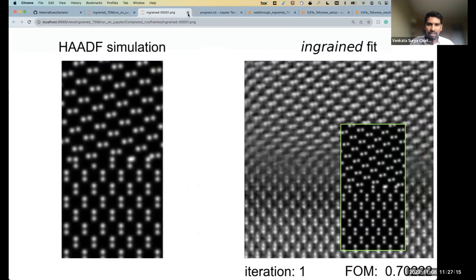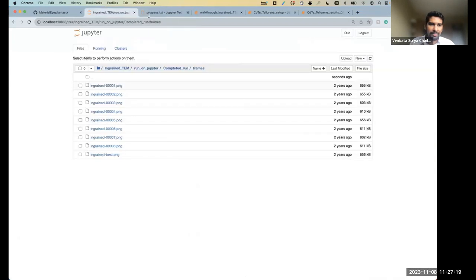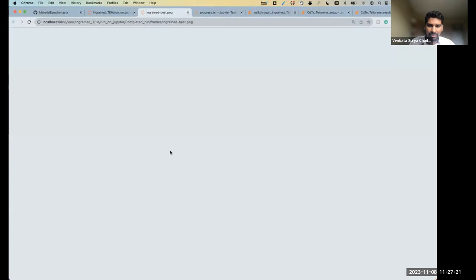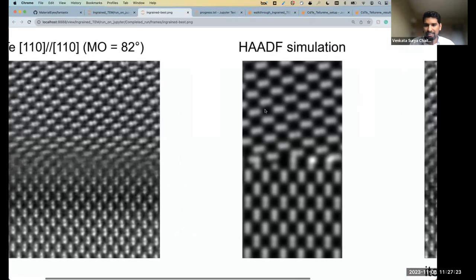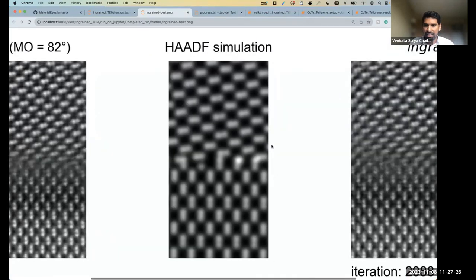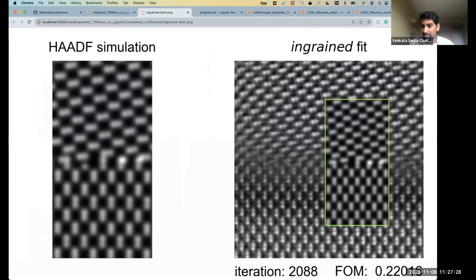And the initial structure itself looks like a fairly good match. And if we see the final output, we see that the defocus value has changed, and we have a better alignment with the experimental near the boundaries, and overall better FOM, figure of merit score.